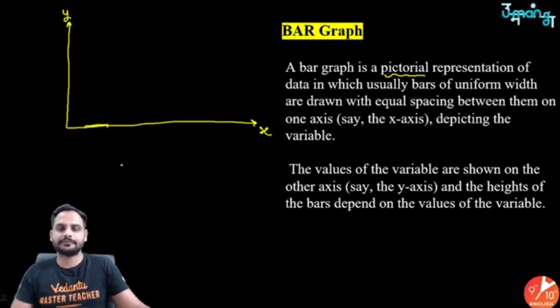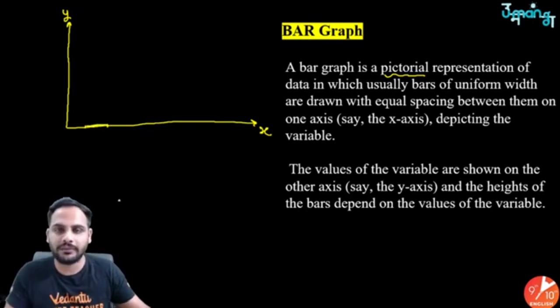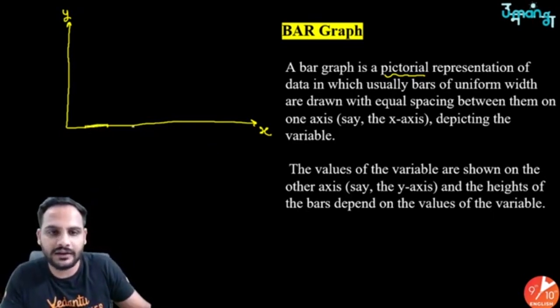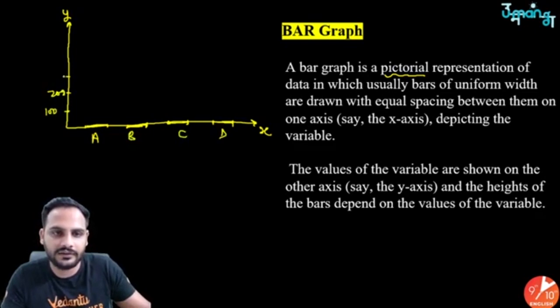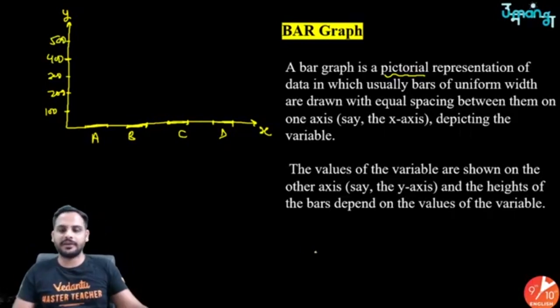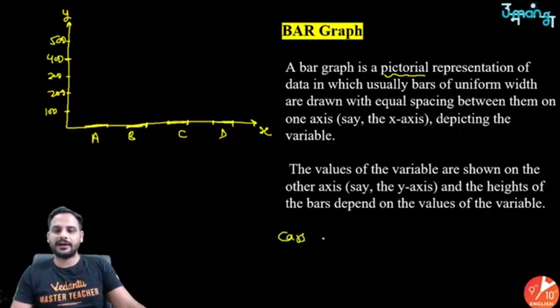Suppose I'm talking about the number of cars sold of different types. Let's say we have 4 types of car: car A, car B, car C, car D. The data gives us the type of cars, and the units sold in a year.